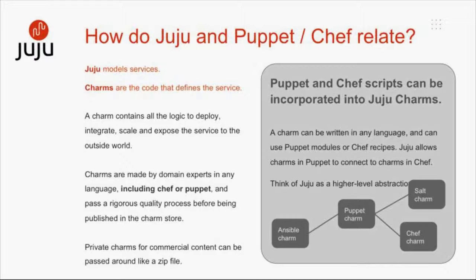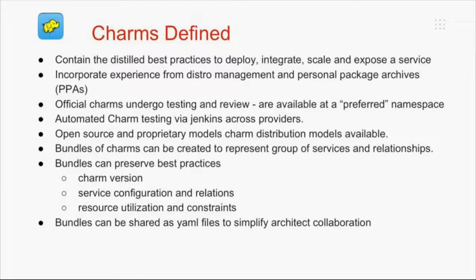We keep moving through. A charm, as I say, is that distillation of best practice. Probably the easiest way to describe the purpose of a charm is that when you're deploying a service, take an easy example, say a MySQL database, what you either have to do is read all the documentation and read the books and make sure you fully understand it, and then apply that to your environment and think, okay, this is the right way I do it.